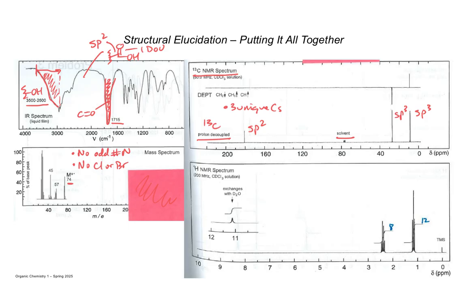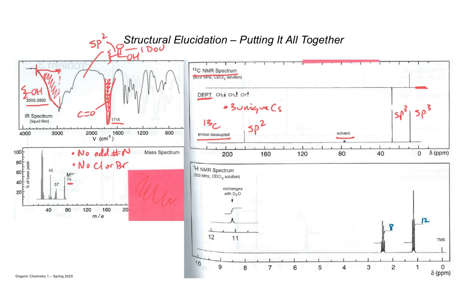So in the carbon NMR, there's a plot above. This is a stack plot, and it says DEPT, D-E-P-T. And there's this key. It says CH2 down, CH3, CH up. So the line here, that's your sort of baseline.